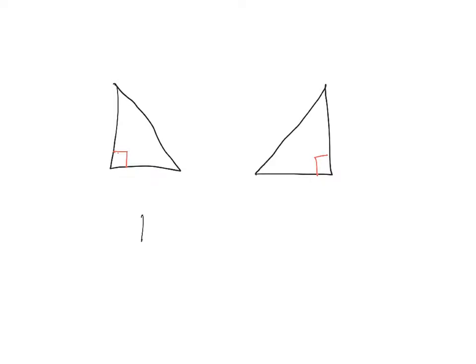And what hypotenuse leg says is as long as I have the hypotenuse congruent and one of the legs, doesn't matter which one, congruent to the other leg, then I've got two congruent right triangles. And that has to do with the same idea of side, angle, side, although in this case it's more like side, side, angle, but it only works because it's a right triangle. Hypotenuse leg theorem. So that would be congruent with hypotenuse, or hypotenuse leg theorem.